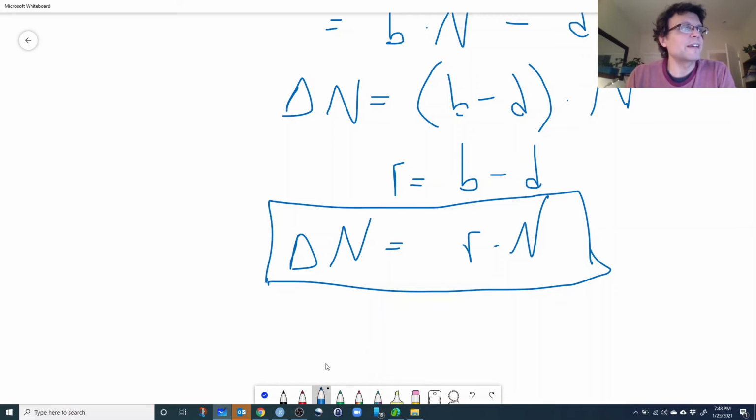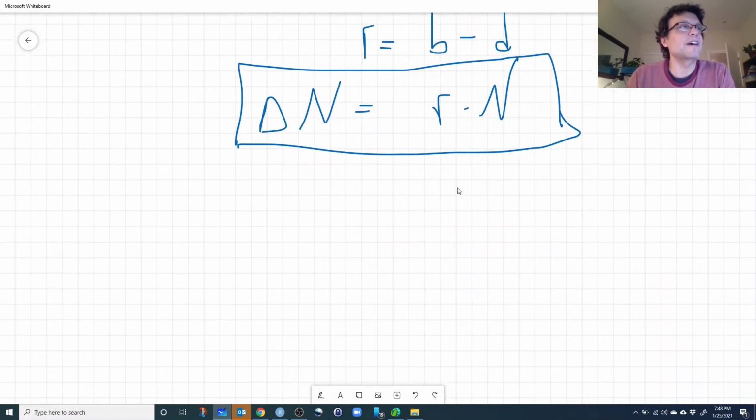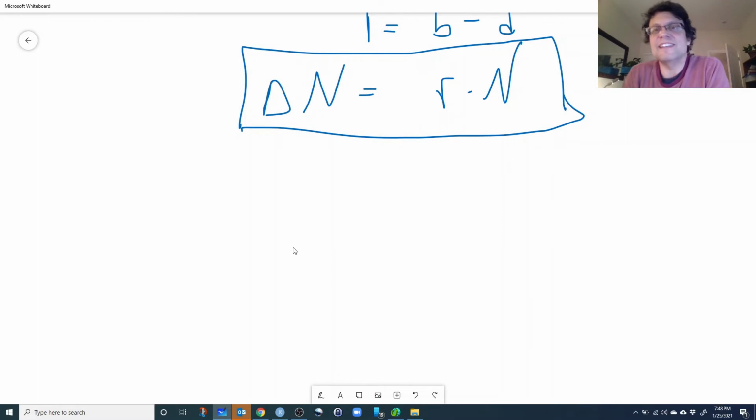One more thing I wanted to go over is getting a little bit into calculus. I don't need you to understand exactly how this all works, but there is a really important distinction to make between continuous population growth on one hand and discrete population growth on the other hand. We're going to go through both types of population growth.